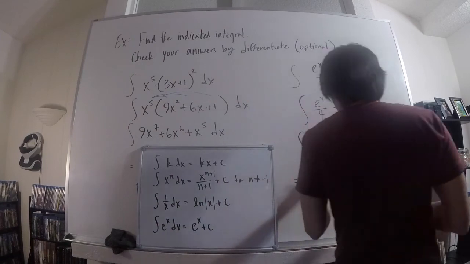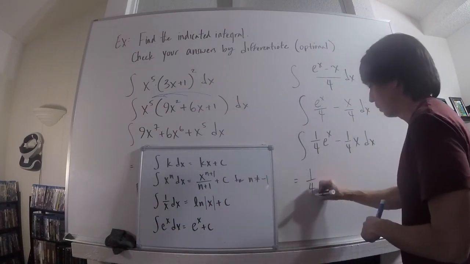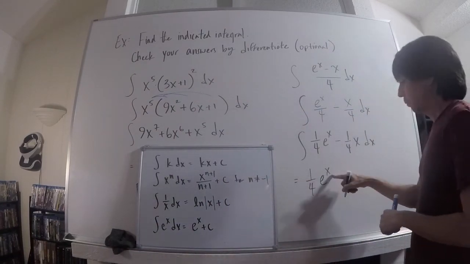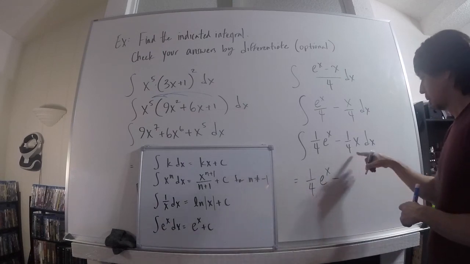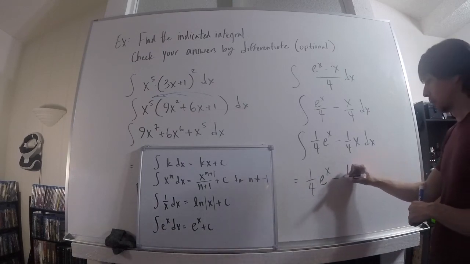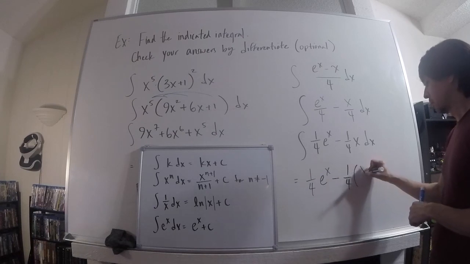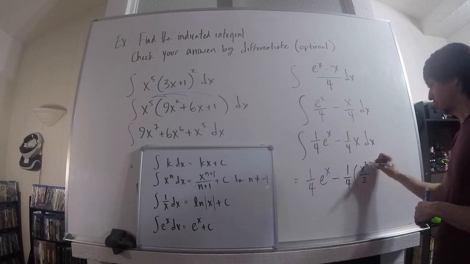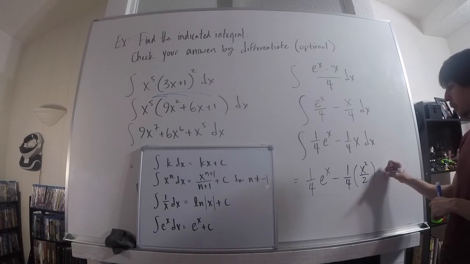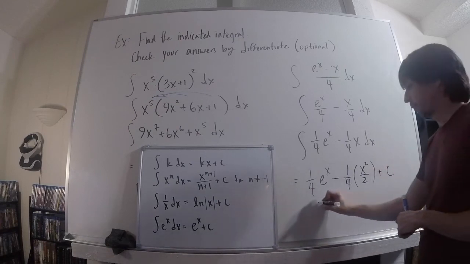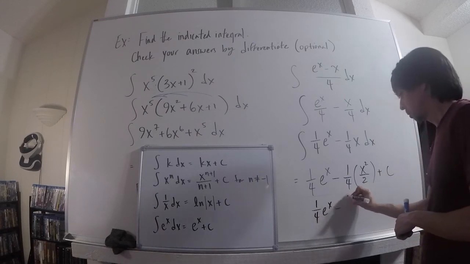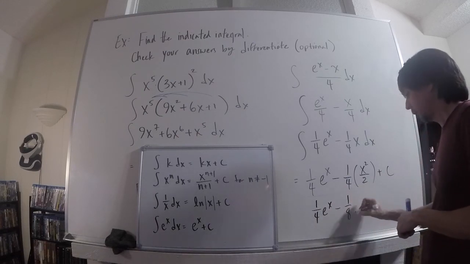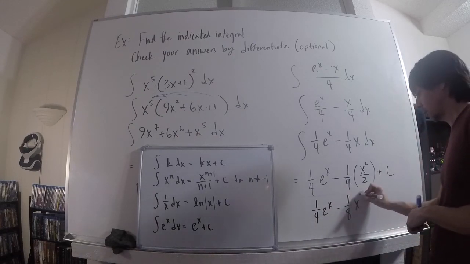So bring the 1/4 down, and the antiderivative of e to the x is just e to the x. This is a power of x, so I have to do the power rule: x squared over 2, bump it up by 1, divide by that power, and add on the plus c. Final answer: 1/4 e to the x minus 1/8 x squared plus c.